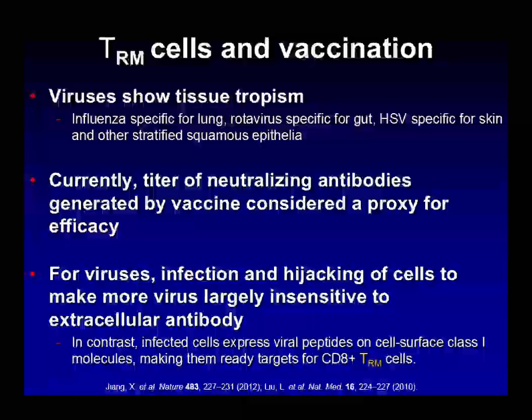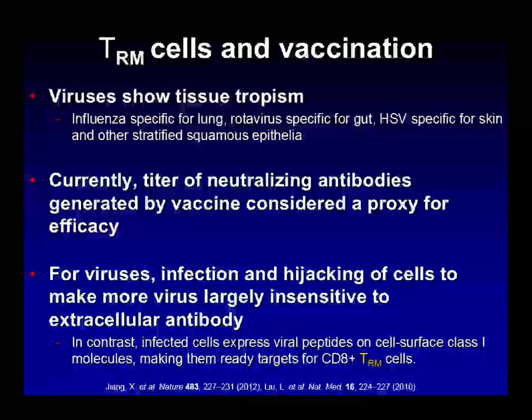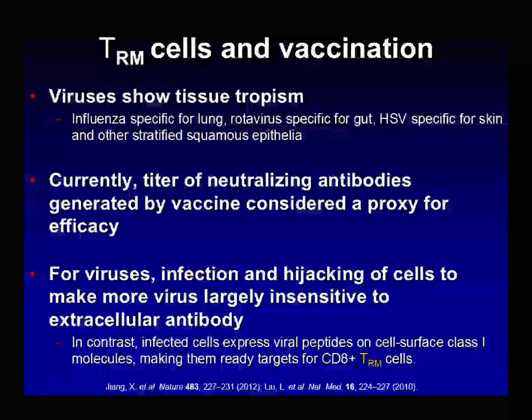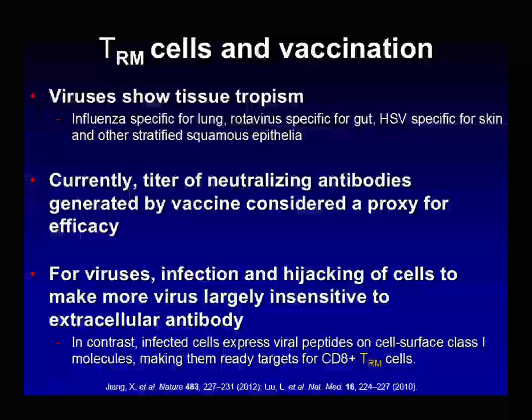However, when a virus infects a cell and takes over that cell's machinery to produce more virus, we know it's largely insensitive to extracellular antibody. On the other hand, those infected cells are known to eventually express viral peptides on the cell surface that make them excellent targets for CD8 positive tissue-resident memory cells.